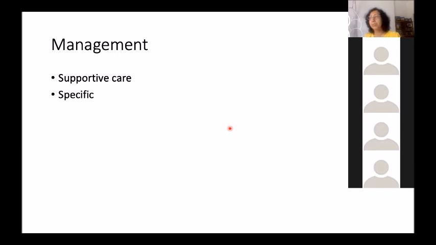So she was commenced on aspirin and she steadily responded to the treatment. So what is the long-term management? The acute management is that you give supportive care and then specific treatment with aspirin and streptococcal eradication treatment. Now the recommendation for post-streptococcal polyarthritis is to prevent recurrent streptococcal infections.